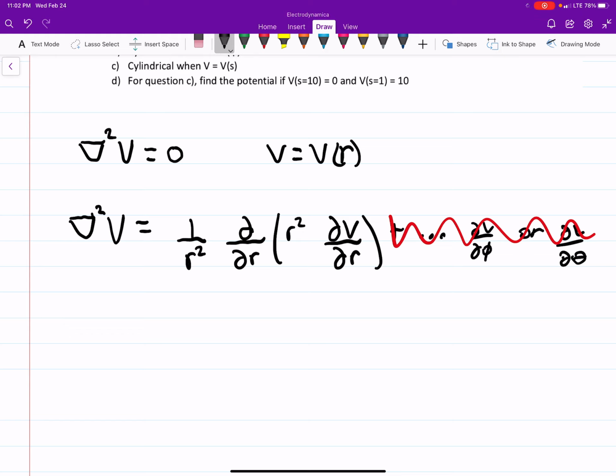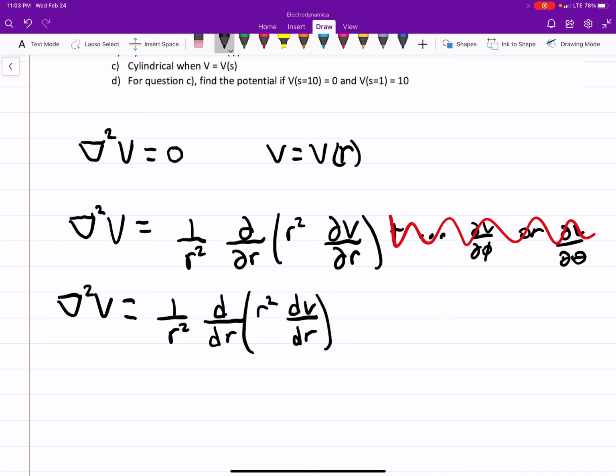Okay, so now we're just looking at the Laplacian of our potential, which is 1 over r squared. Now it's no longer a partial derivative, it's really just an ordinary derivative. R squared dV dr equal to 0. So we want this to be equal to 0.